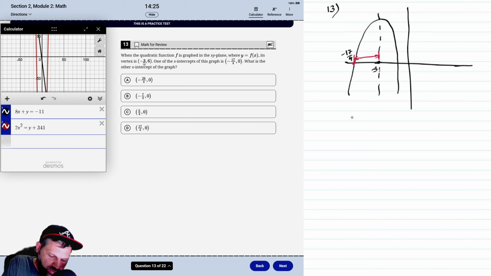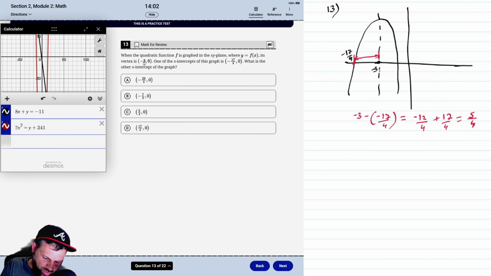That's just going to be -3 minus 17/4. The distance is going to be positive, so you have -12/4 plus 17/4, which is going to be equal to 5/4.